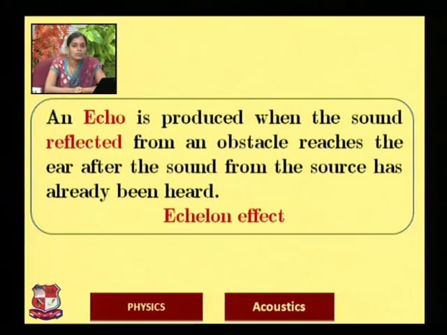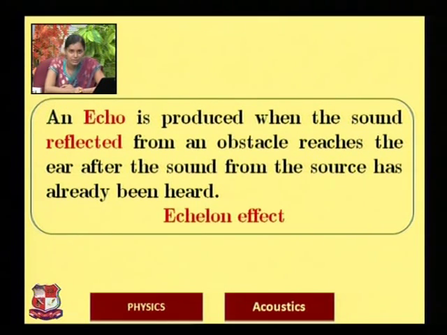That is called echo. It is produced when the sound reflected from an obstacle reaches the ear after the sound from the source has already been heard. Once the source emits something, you hear it, and then again you hear the same sound, that is called the echo.